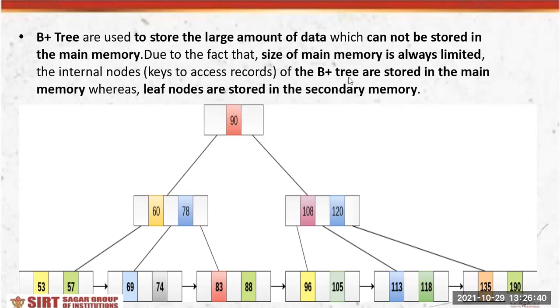Whereas the B plus tree is stored in main memory, the leaf nodes are stored in the secondary memory. So all the leaf nodes are getting stored in the secondary memory. Secondary memory basically means the memory where these will be stored, and you can point to them whenever you want from the B plus tree.